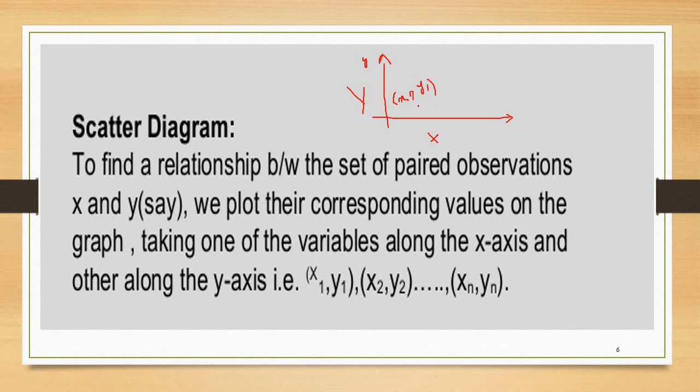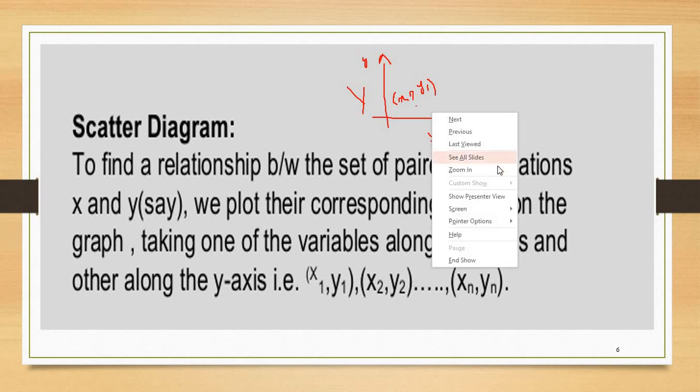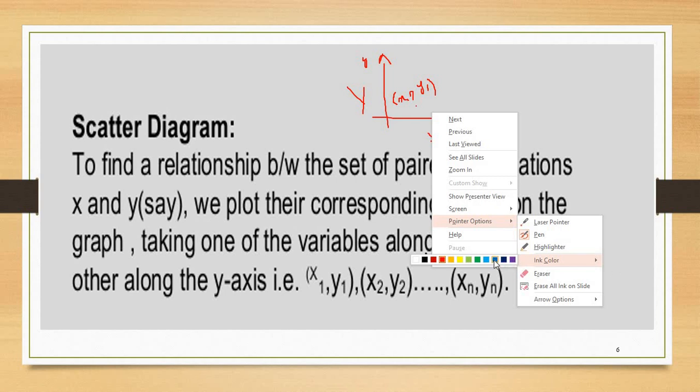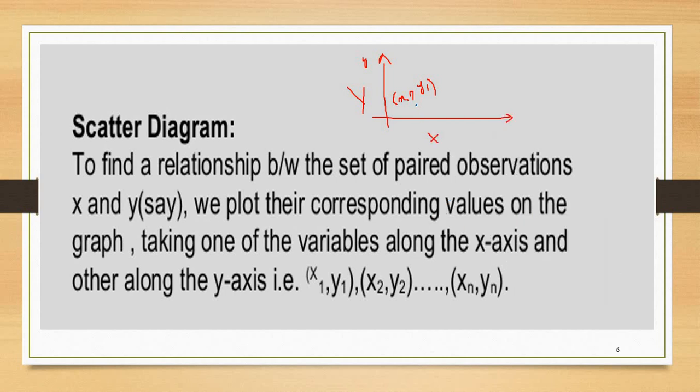It would be somewhere here, and I change the color. So somewhere here, and this is the value of the x, and this is the value of the y. So this is the point x1 and y1.